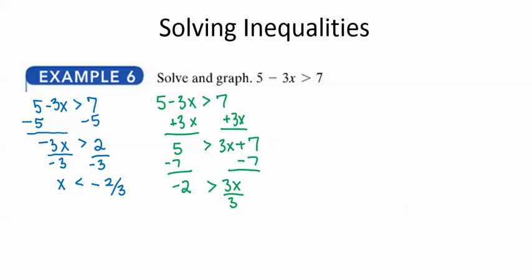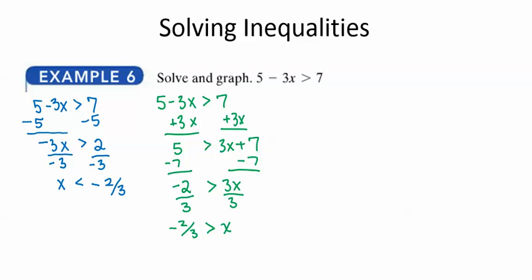This time I divide not by a negative number, but by a positive number, and I end up with negative 2/3 is greater than x. But you recall that we like to have the x value on the left side because it's easier to understand: x has to be less than something or greater than something or greater than or equal to something, etc. The way we do that is to read the inequality from right to left.